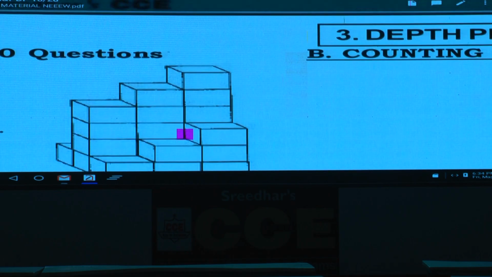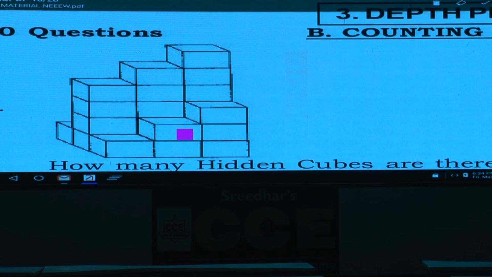Now if you take the topmost here, how many bricks are there? 1, 2, 3 and below this 4, 5 and 6. Now along the y-axis, how many elements are there? 6 blocks. Out of which how many are visible? 3 are visible and the remaining 3 are invisible here. Can we take it like that?